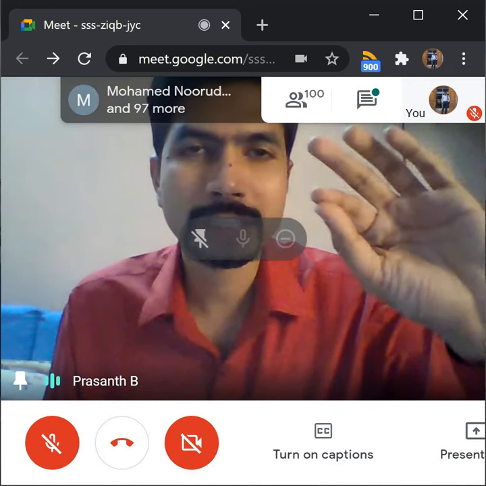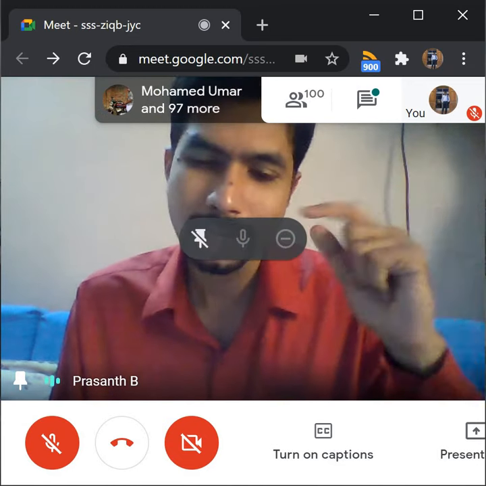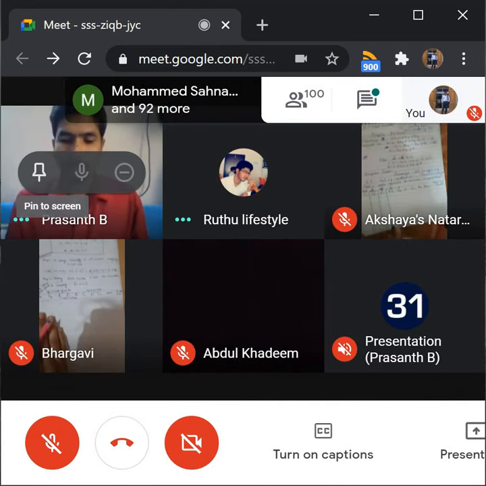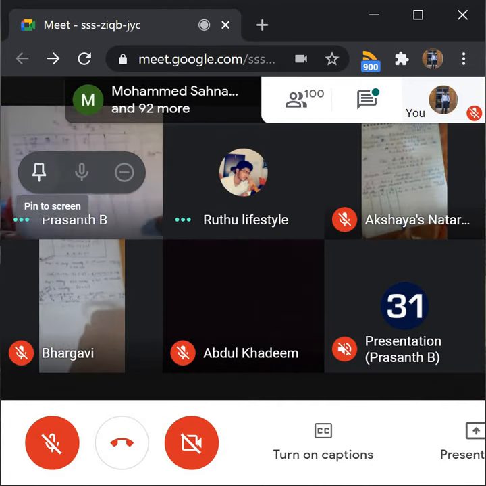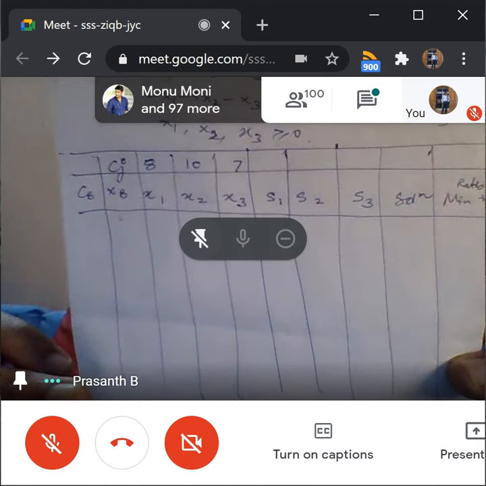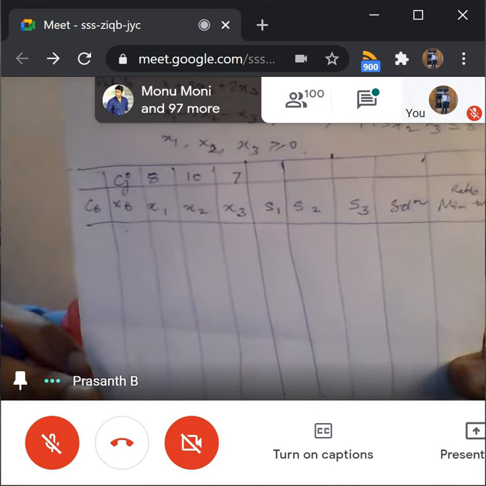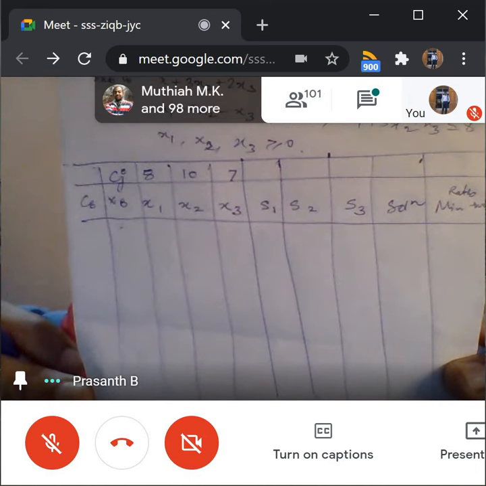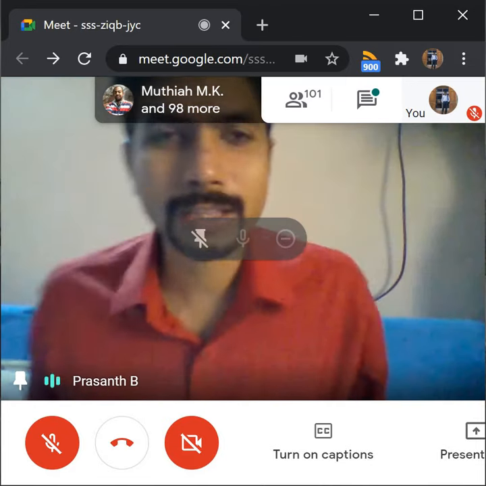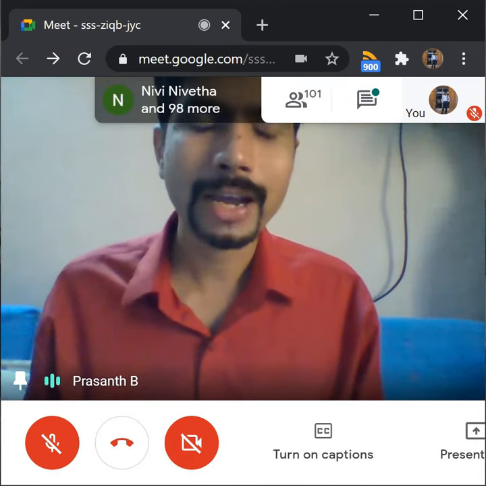Now we have the objective function coefficients.